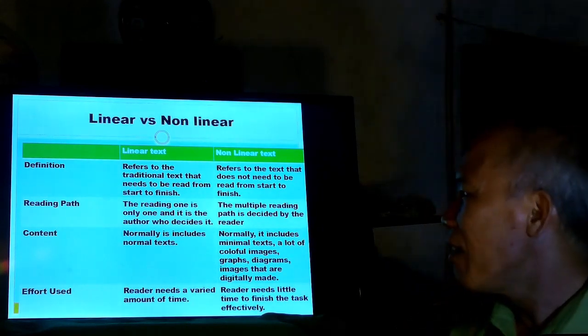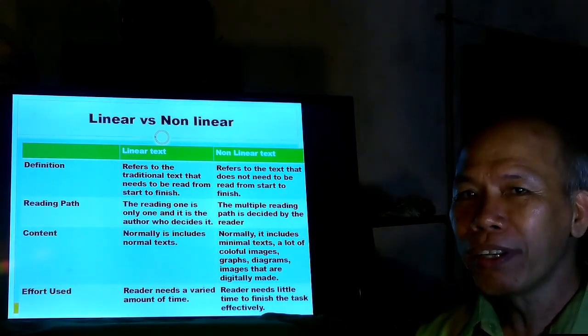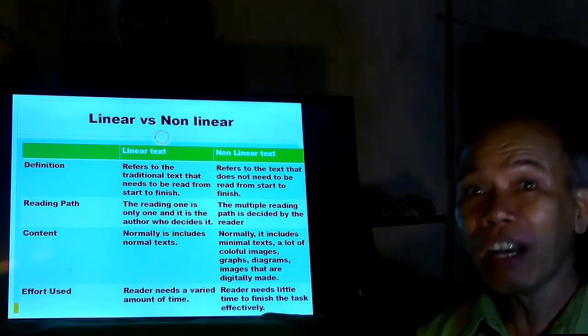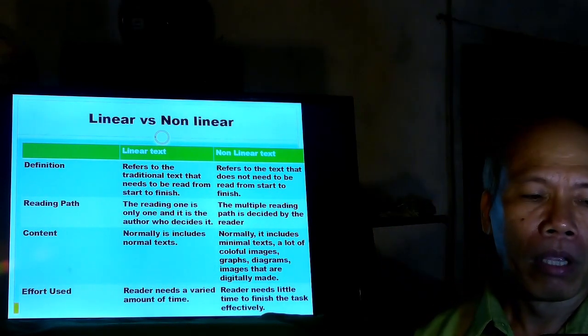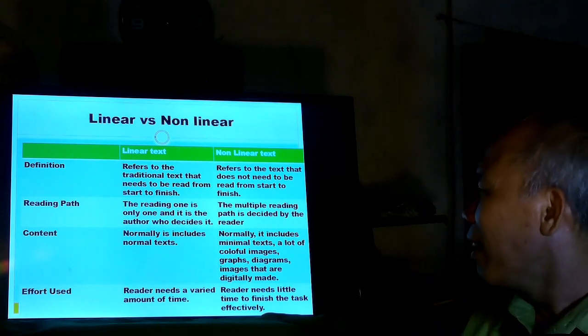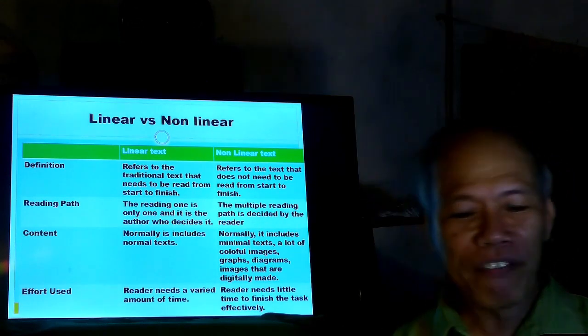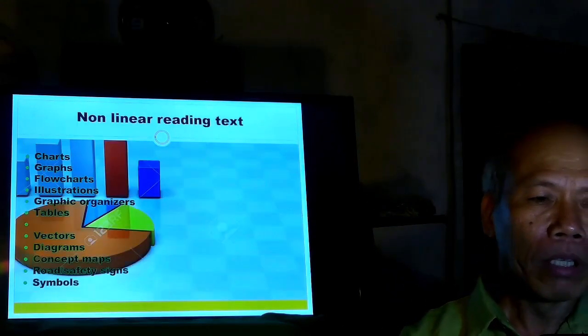Okay, we have the effort used. In the linear text, the reader needs a varied amount of time. While in the nonlinear text, the reader needs little time to finish the task effectively. So it's easy.